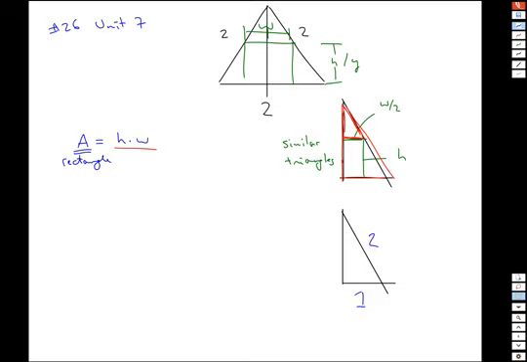And then we have to do a little bit of math here, but we could figure out that 1 squared, let's call this, we already used h and y, let's call it z. 1 squared plus z squared equals 2 squared. Z squared is going to be 4 minus 1, which is 3. So z is root 3. So we have that kind of triangle.